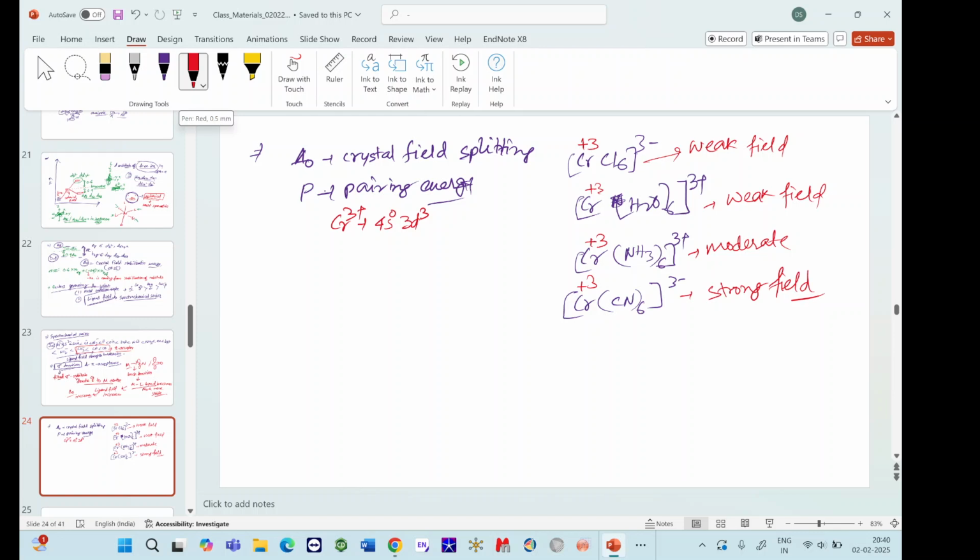Then you can have like this. This is your T2g, this is Eg.